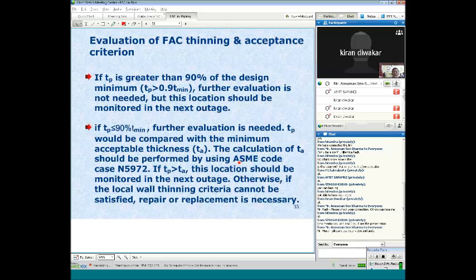But if the local thinning is less than T acceptable, then you have to go for either repair or replacement of the section, right? So that is basically what the guideline says in terms of evaluation of FAC thinning and acceptance criteria, right?